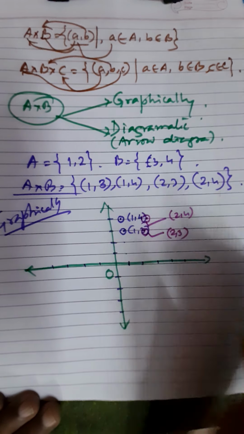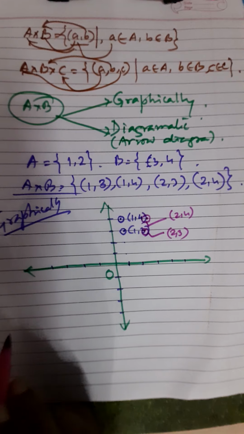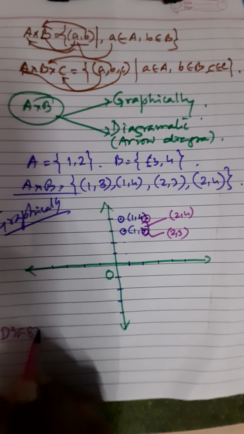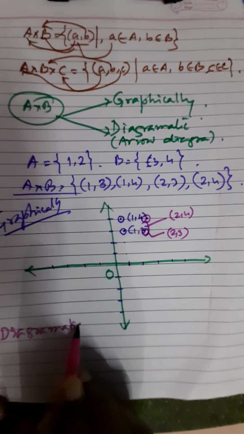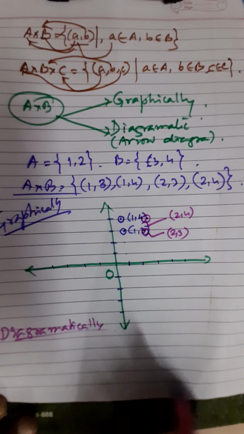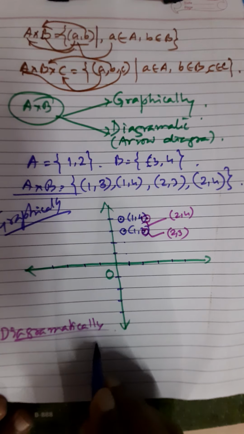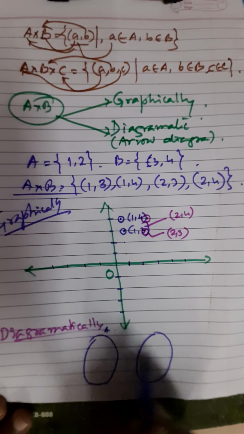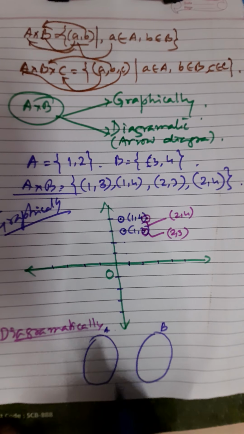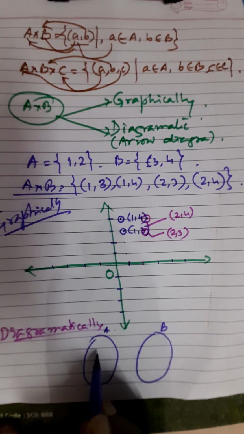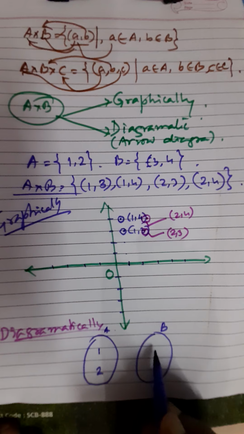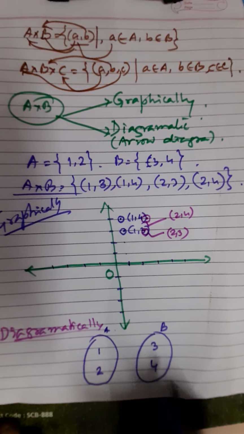Next, how can you represent it diagrammatically? For that, A cross B: this is A, this is B, so give the names A and B. First write the elements of A, which are 1, 2, and the elements of B, which are 3, 4.